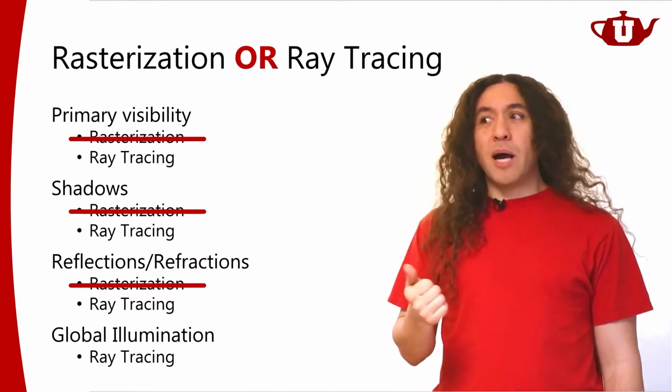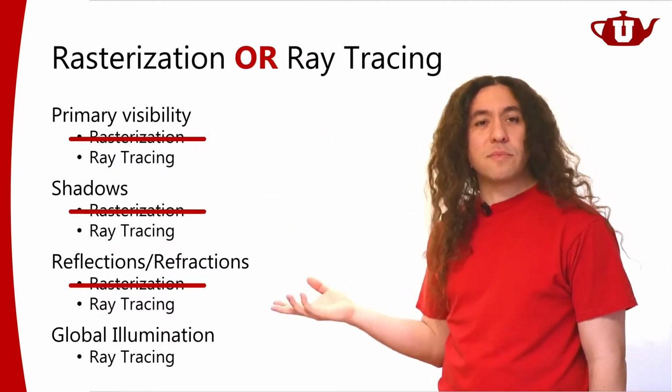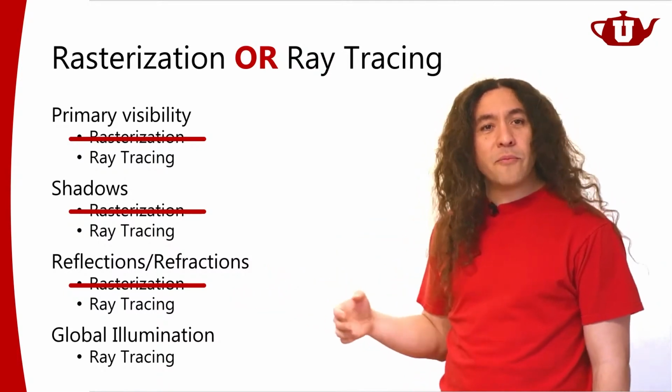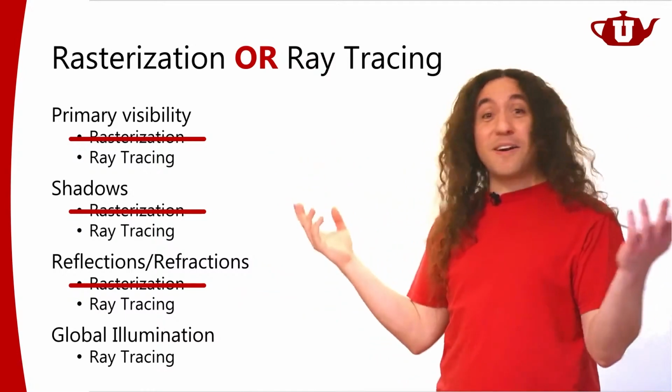Now, all of a sudden, my polygon count, my triangle count, is not a big deal because I'm dealing with ray tracing. And I don't need to worry about transparency. Transparency is very easy to handle.